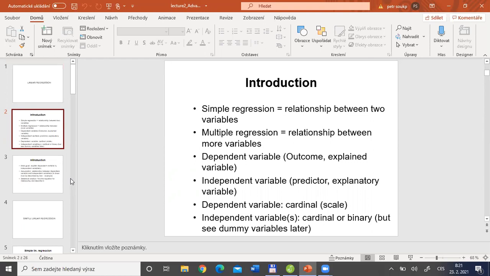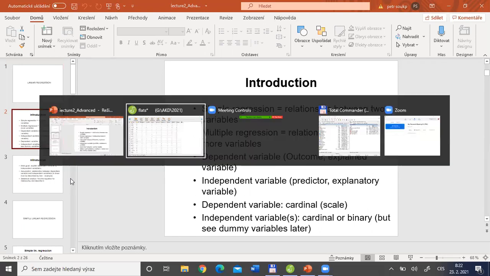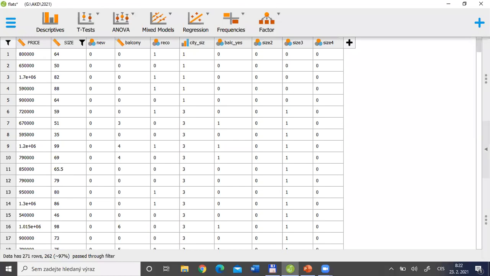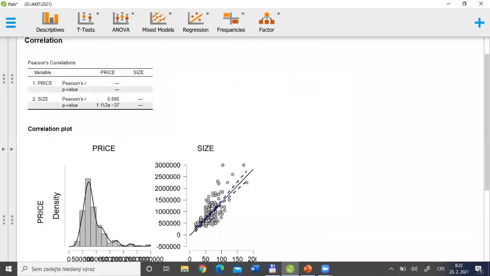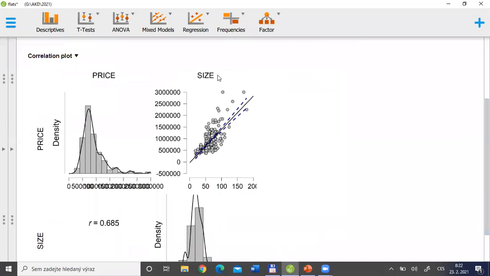So if we call variables dependent and independent, there are also two alternatives to these expressions. Instead of dependent, sometimes we talk about outcome, and sometimes about explained variable. If we switch into our case, according to my opinion, we would try to explain prices, so the vertical axis, by sizes of flats.